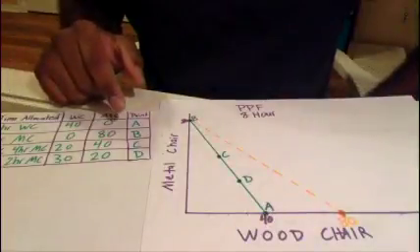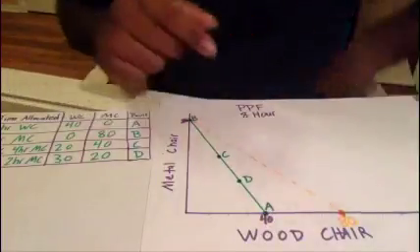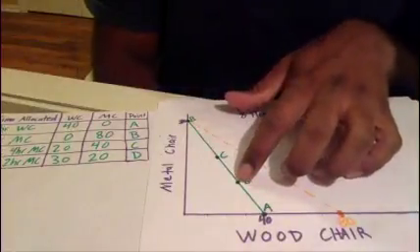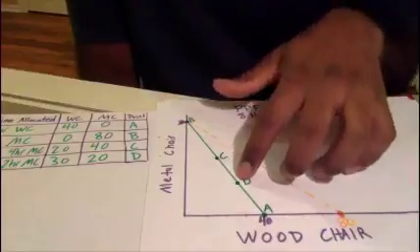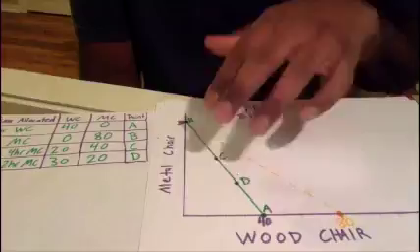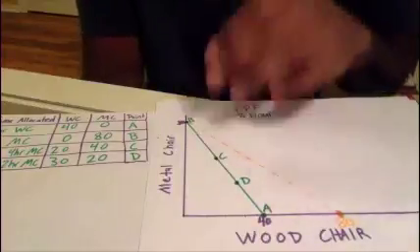If I were to pick a point, let's say D, this point right here means that it's an efficient point. All these are efficient because they're on the line, which means that it's using the scarce resources efficiently.